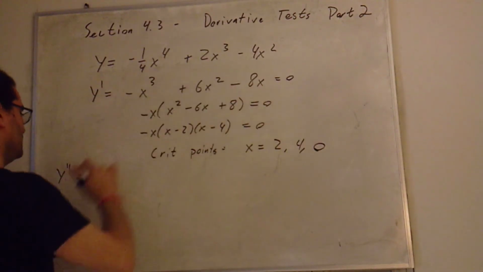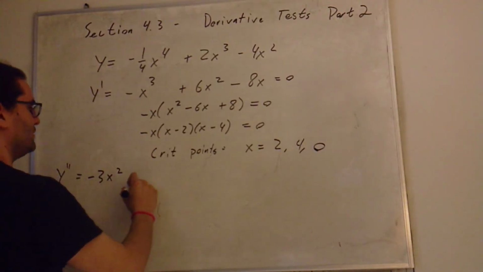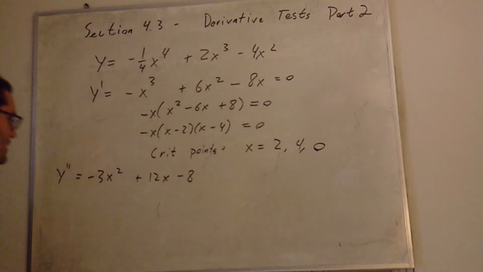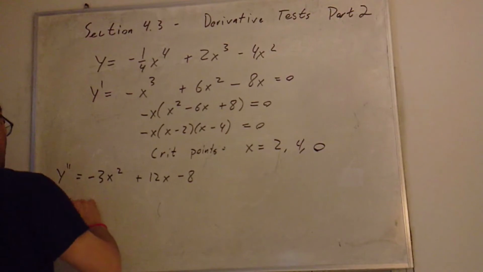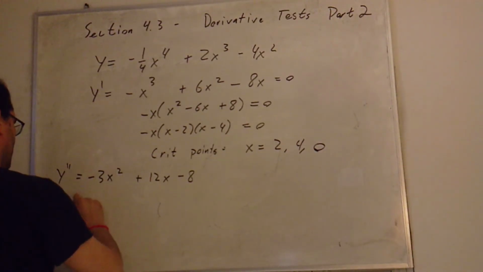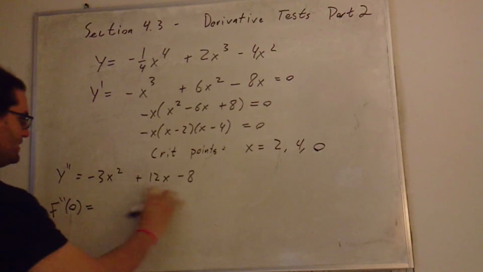The second derivative should be negative 3x squared plus 12x minus 8. This is y double prime. So I need to plug some numbers in. I'm going to switch from y's to f's so that I can plug numbers in. F double prime of 0 is negative 8.